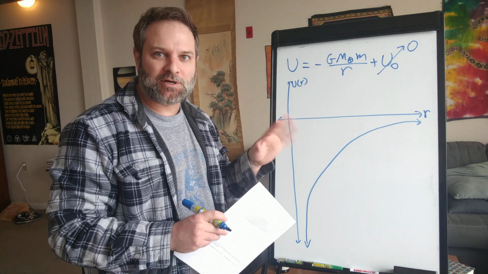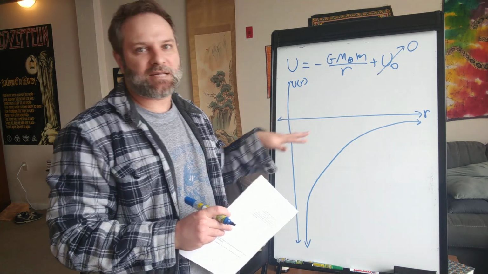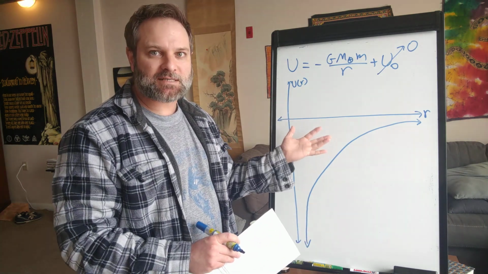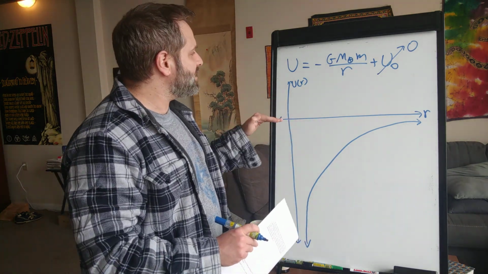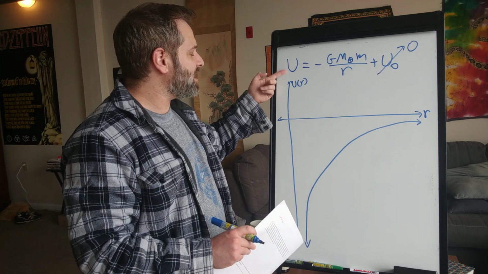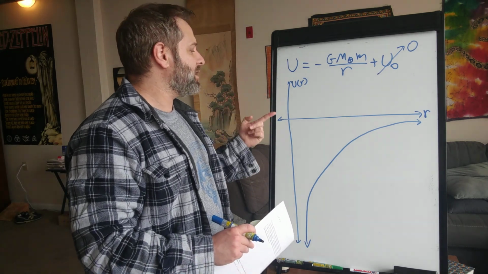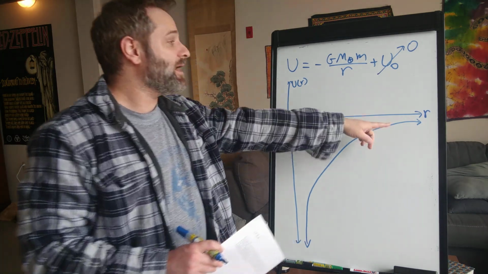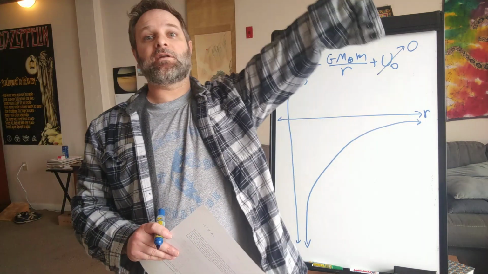That's a little bit weird to think about, but it's consistent, mathematically simple, and gives us all the correct answers. So in a gravitational system parameterized by this energy equation, the maximum amount of gravitational potential energy you can have is 0, and that's when an object is far out at infinity.